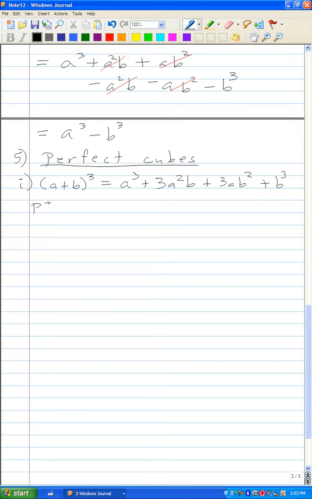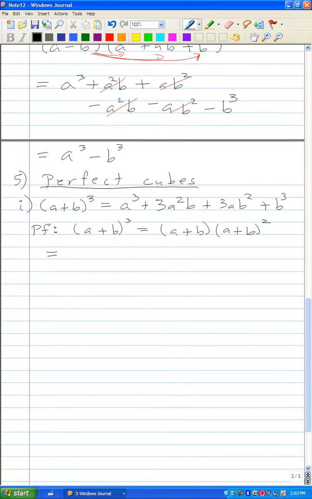So let's prove that. So I have a plus b cubed is the same as a plus b times a plus b squared. But I know what a plus b squared is.